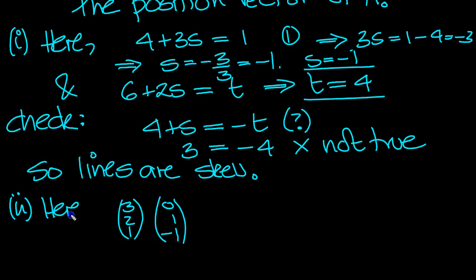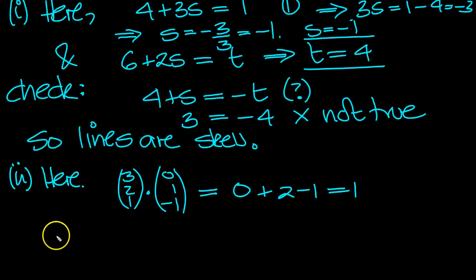First of all, the dot product, which we need to get the angle. 3 times 0 is 0, 2 times 1 is 2, 1 times minus 1 is minus 1, so we get 1. Now the moduli of these directional vectors; let's label this one a and this one b.